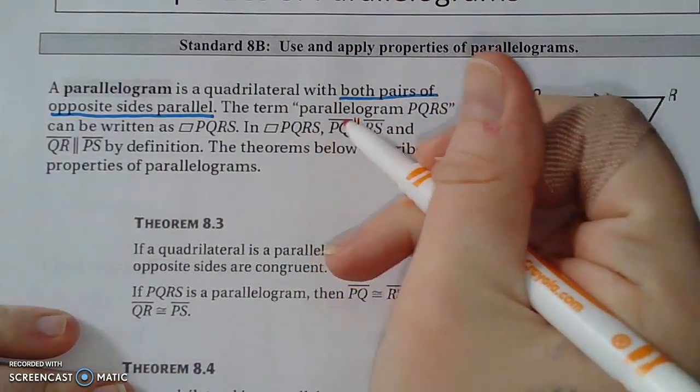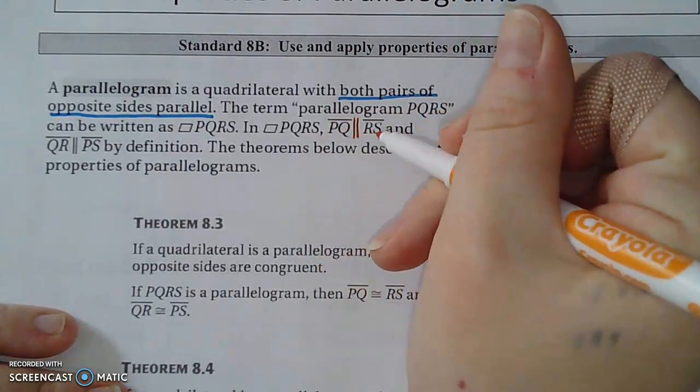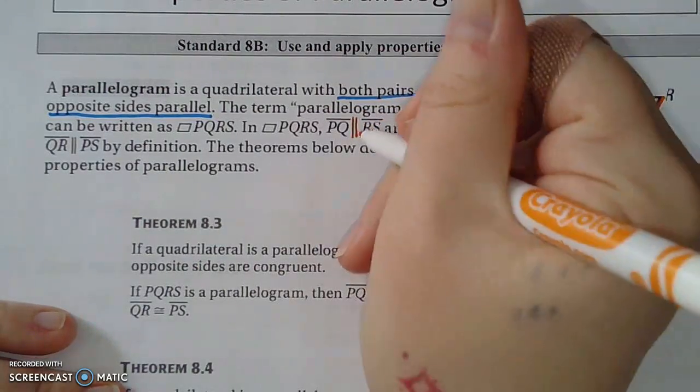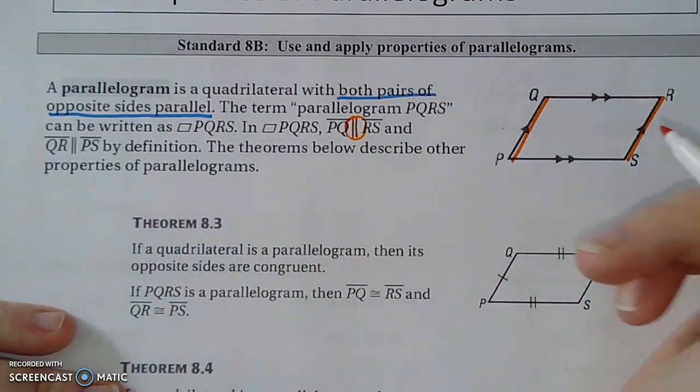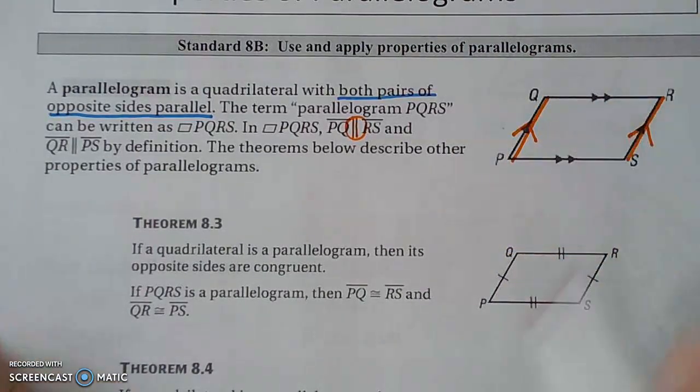So if I see the line PQ, which I see right here, is parallel to the line RS, which is right here, you will see this symbol when it's being written out, but you will also see the same amount of arrows on the shape.